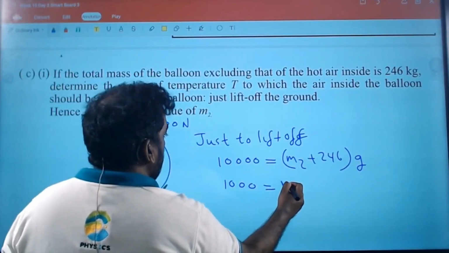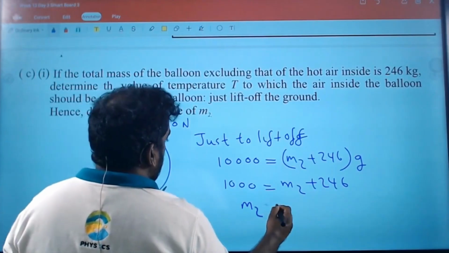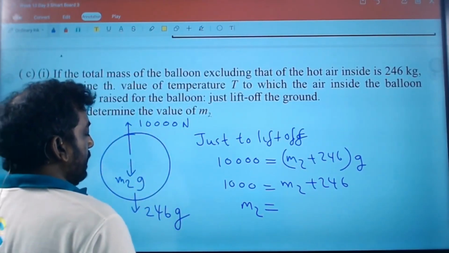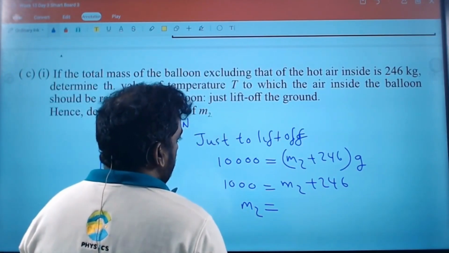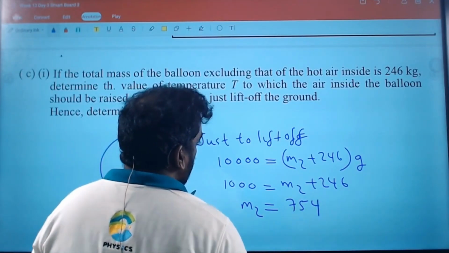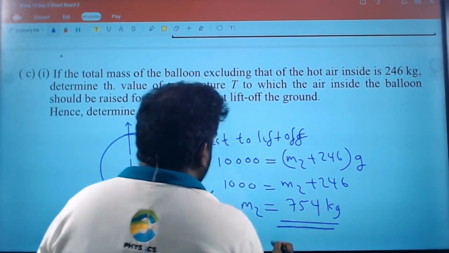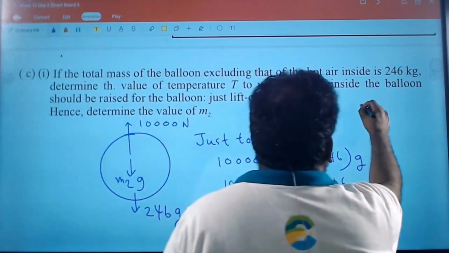1000 M2 plus 246. M2 plus 246 equals 1000, so M2 is 754 kilograms. You all know the connection now.